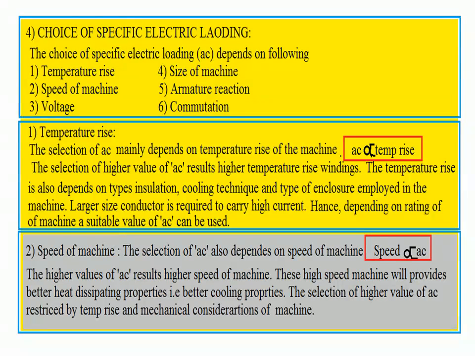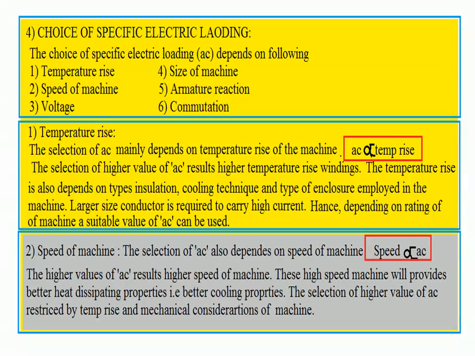Hence, if it is necessary, you can go for a higher value of AC. That means more current is flowing through the conductor. Conductors have to carry more current, hence a larger conductor size is required. Depending upon the rating of machine, a suitable AC can be used.